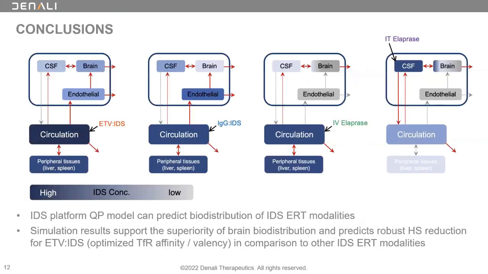So I wanted to conclude by again showing a schematic of the biodistribution, and I've used color scales here where we have the drug concentration of the enzyme color coded between a bright shade of blue, which is high concentrations, to gray, which is low, and we see that the site of action, which is the brain, has the brightest shade with the ETV IDS molecule.